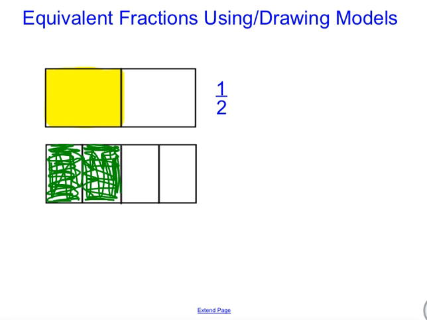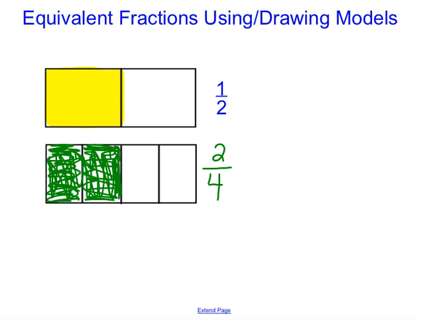So now I see that my rectangle here is shaded the same amount as my 1/2 rectangle. But I notice that since my model is cut into fourths, 2 are shaded. So that becomes 2 out of 4 parts shaded yellow.